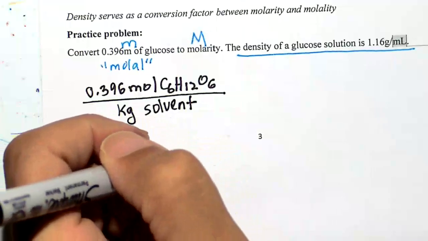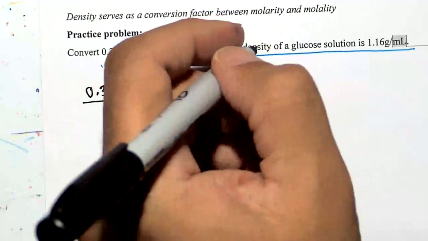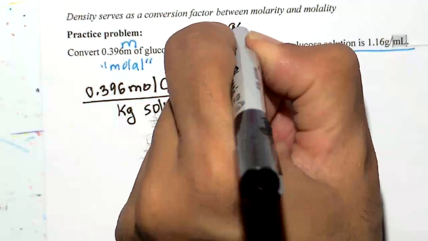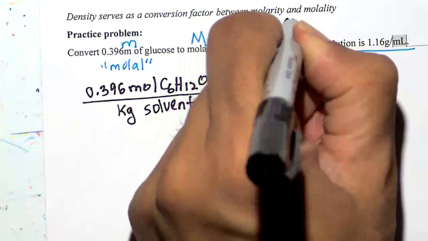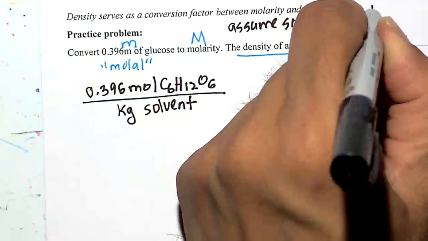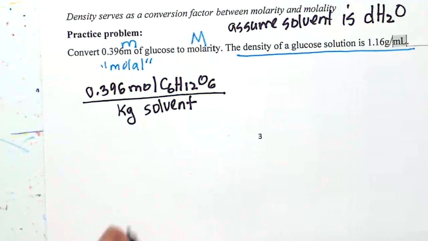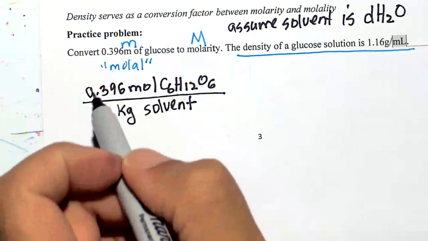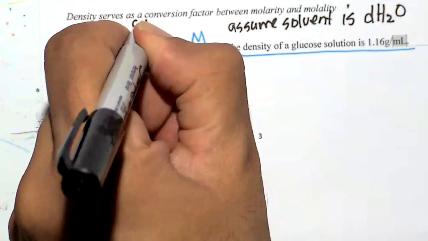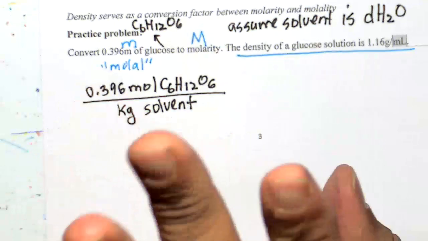If you are not given a solvent, at least in this class, we can assume it will be water. So assume the solvent system is water, distilled water. So this 0.396 molal is 0.396 moles of glucose, divided by the kilogram of solvent.